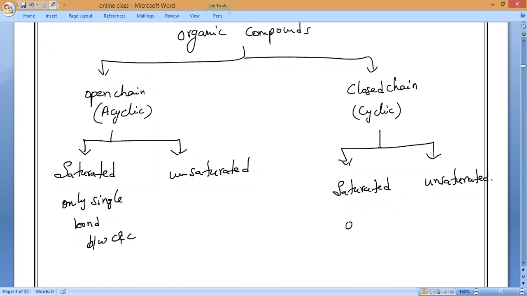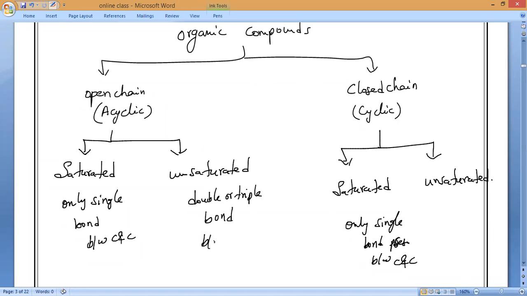Here also the same thing. How many bonds are present? Only a single bond between carbon and carbon. Unsaturated means a double or triple bond is present, only between whom, guys?